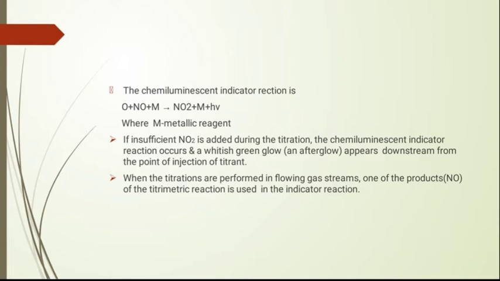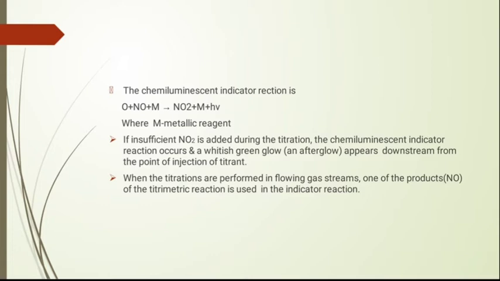Here the chemiluminescent indicator reaction is written. Initially we have taken oxygen. When oxygen reacts with NO2, there is a formation of NO. This NO is taken here. Oxygen plus NO plus one metallic reagent, M, is added into the system to control the heating of the reaction.